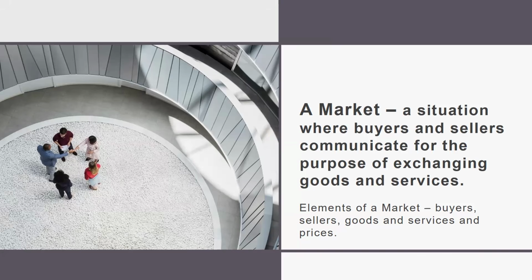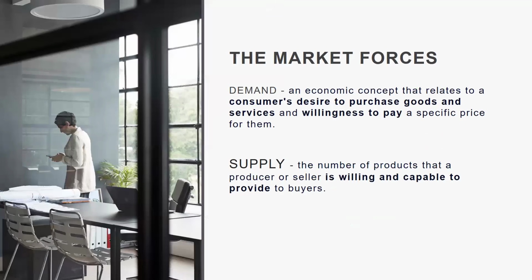The things you'll find in a market: you'll find buyers, you'll find sellers, you'll find goods and services, and prices. In a market, there are two forces at work. These are the things that drive the entire market. That is demand and supply.